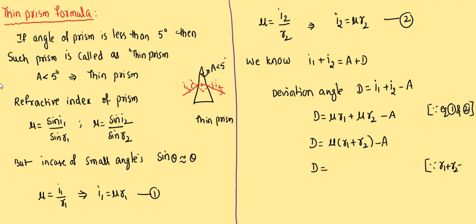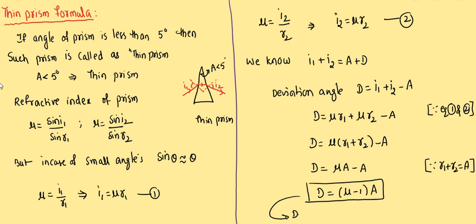R1 plus R2 is equal to A. Then we substitute it here, then we will get nu A minus A. Then we will get nu minus 1 into A. This is the formula for the deviation angle in a thin prism, and simply it is also said to be the thin prism formula.